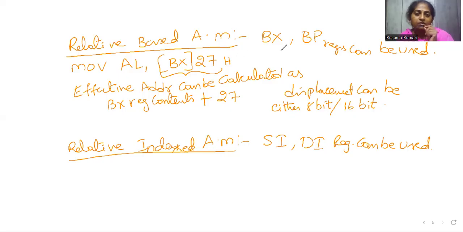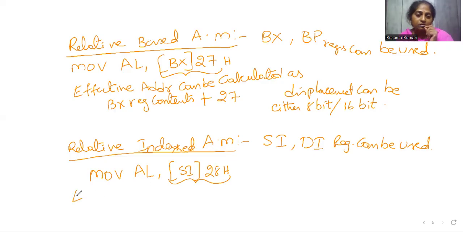Here in this, BX or BP can be used. Here either SI or DI can be used. For example, move AL comma SI 28 hexa. Here the sum of the source index register contents and displacement is the effective address.